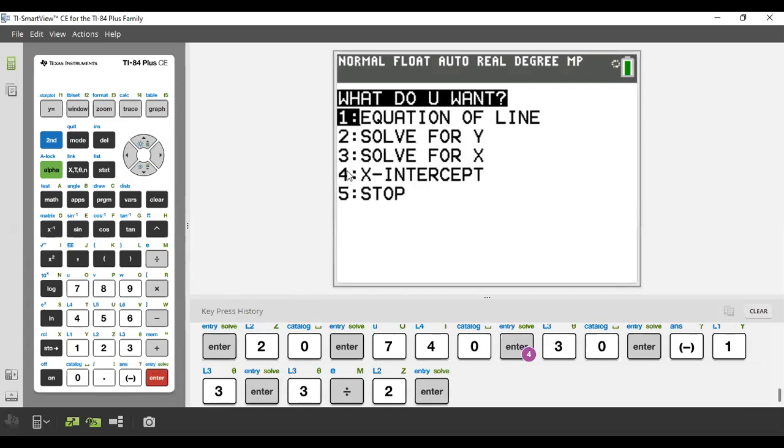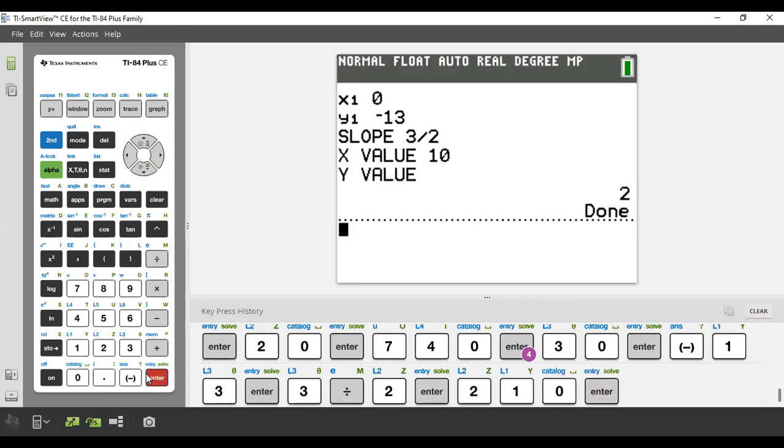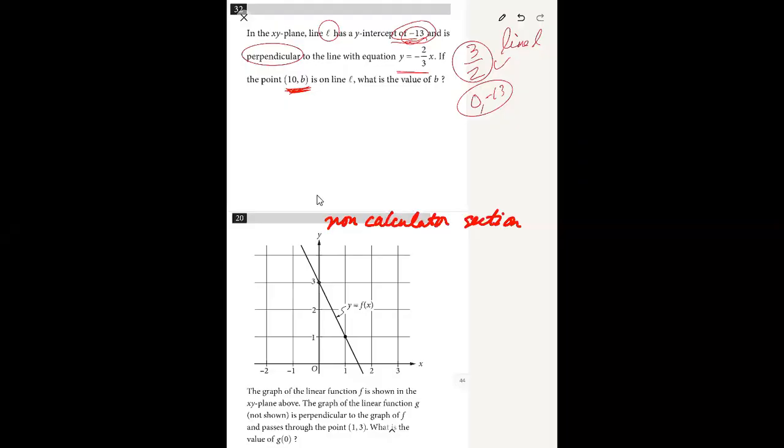And then we want to know when x is 10, what the y coordinate is going to be. So I choose option 2, and it asks me for the x value that I know, and we enter 10. Boom, press enter, and it tells us that the y value is 2. So if we go back over to the answer sheet, b is equal to 2. And the option that we used for this one is option 3, a point and the slope.